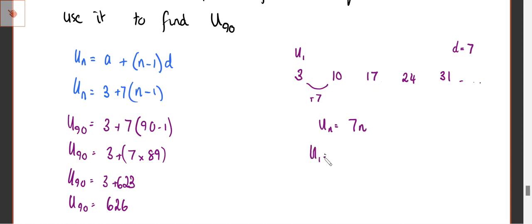We know that u1 is 7 times 1, which gives me 7, but I want 3. So my adjustment is minusing 4. This is where a couple of people with communication, I really should put that and write it here now. So I've got un equals 7n minus 4. Okay?